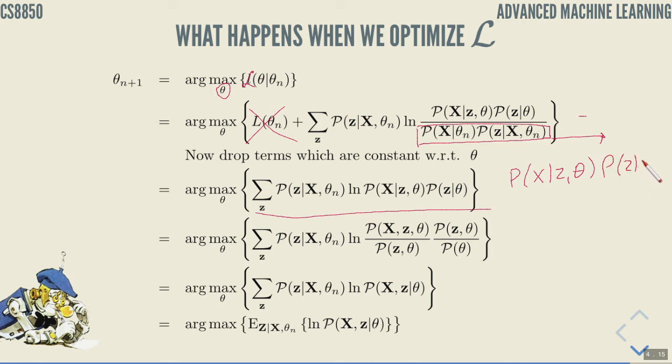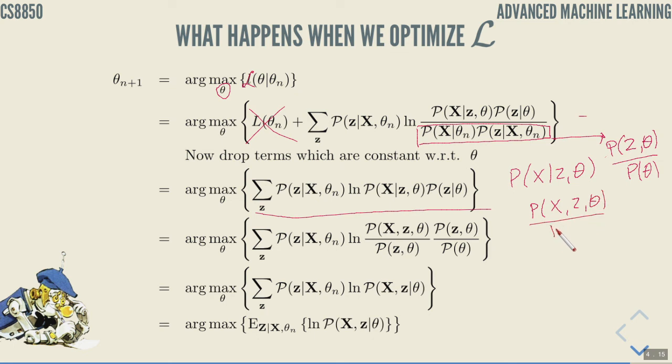Probability of z given theta is the joint probability of z and theta, by the rule of conditional probability, and the same, probability of x given z and theta is nothing but the joint of x, z, and theta.